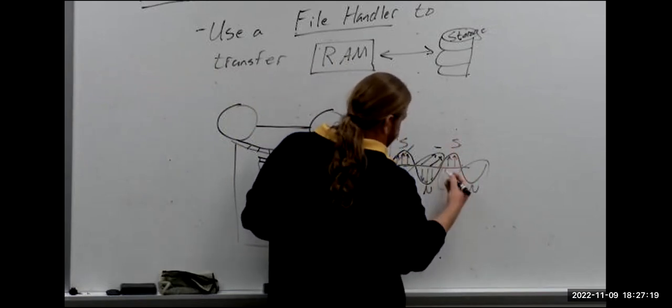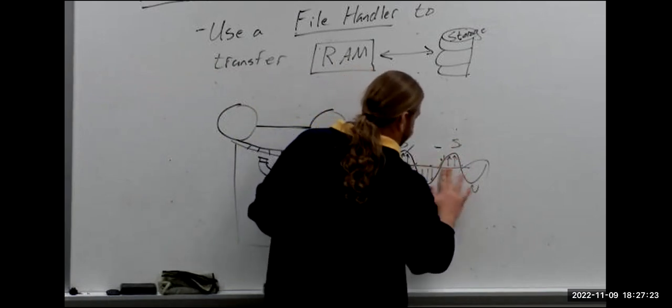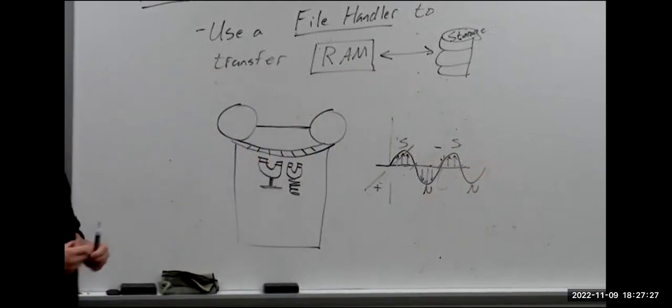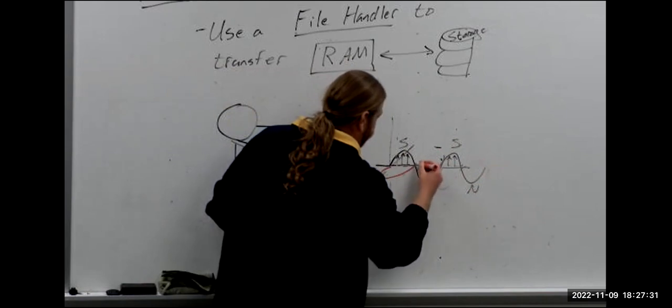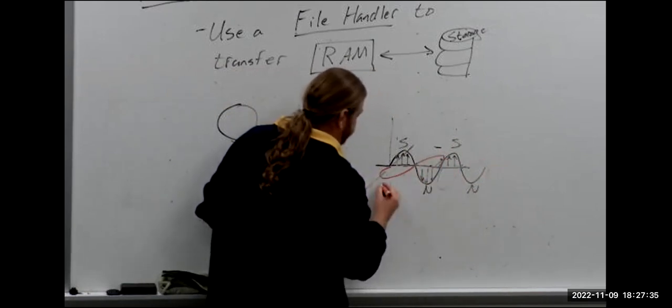So that one's going straight up. Maybe I could put it in a different color. So going up and down, we have north and south poles like a magnet. And coming in and out of the board, we have positive and negative charge electricity.